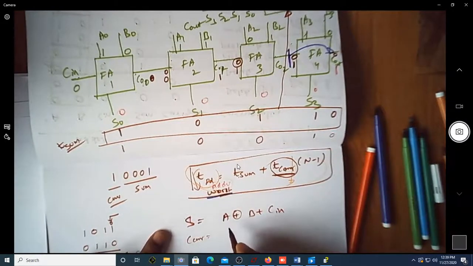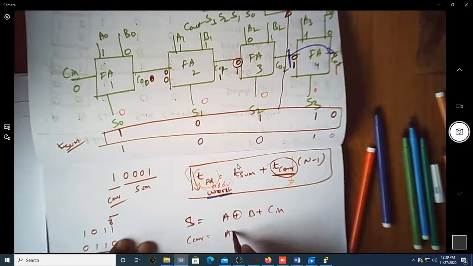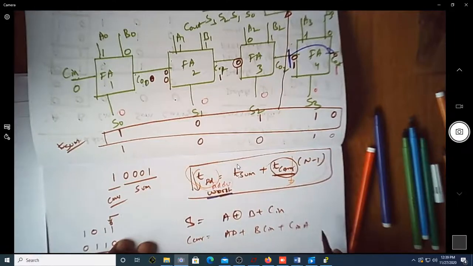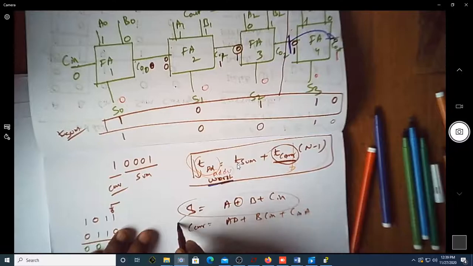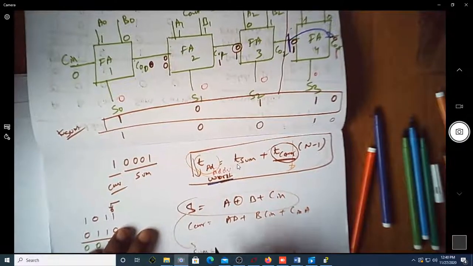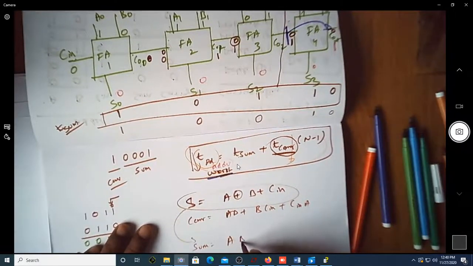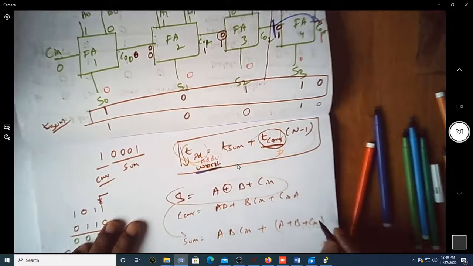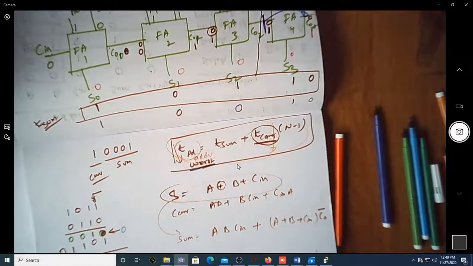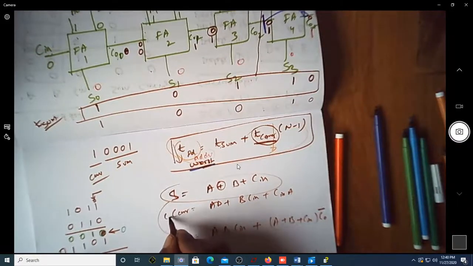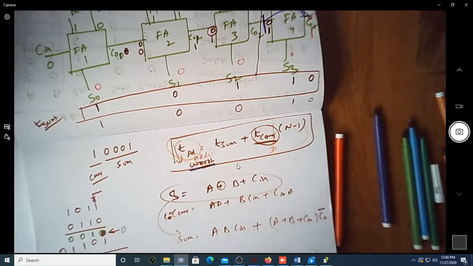Carry is AB plus B Cin plus Cin into A. The sum can also be written in another way: A B Cin plus (A plus B plus Cin) into C out bar. Of course, C out is equal to the carry.